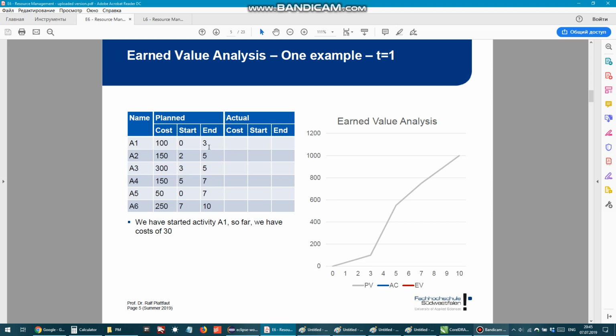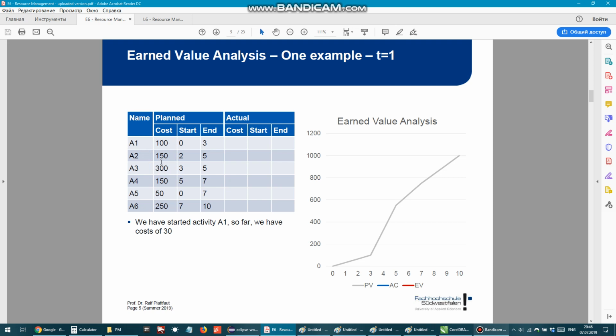So for day 3, we look at cost. For day 3, we complete the first task, and we have planned value of 100. By our plan, we think it will cost us 100. Then for day 5, we complete 2 more tasks, and each of them brings its own value, so we have to accumulate them.